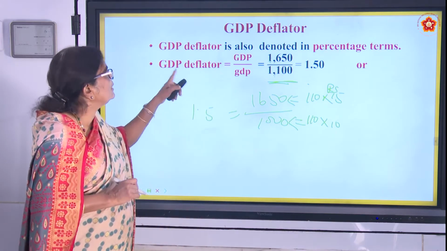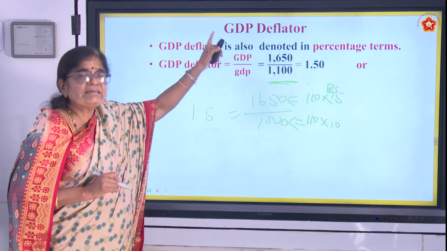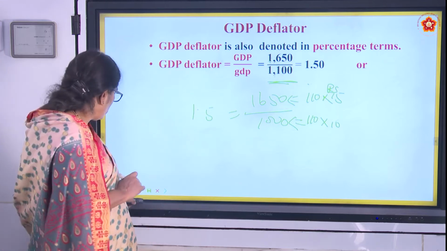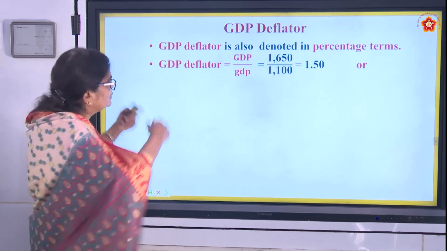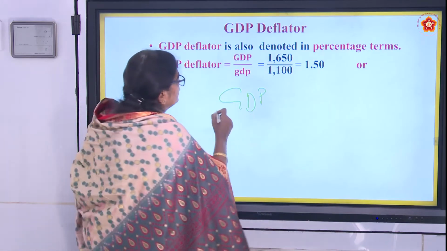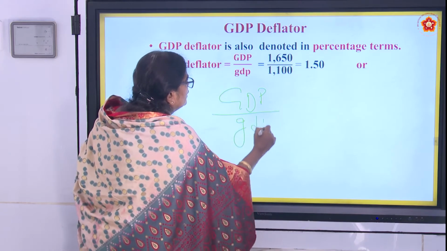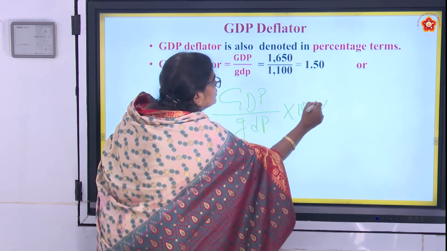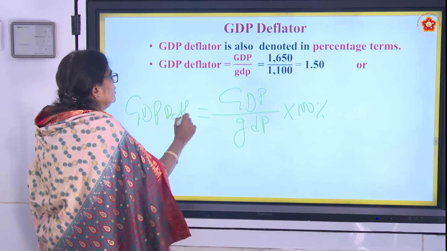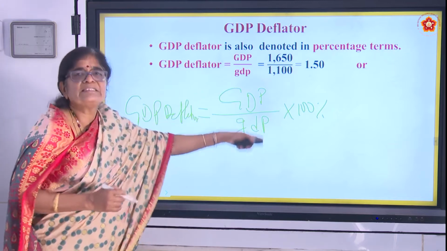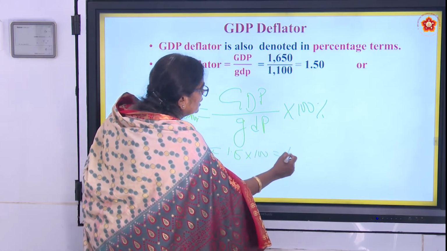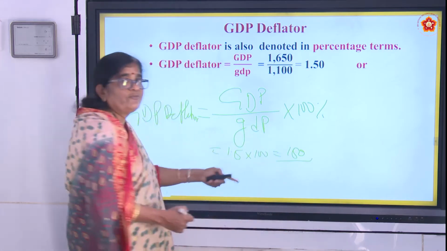We can mention GDP deflator as a ratio of nominal GDP to real GDP, or we can mention it as a percentage. Nominal GDP is referred to by capital letters and real GDP by small letters, into 100%. Therefore, GDP deflator can also be expressed as a percentage. 1.5 into 100 is 150 percent.